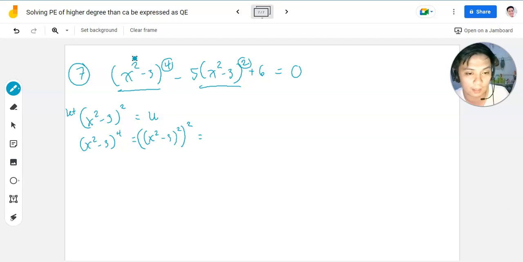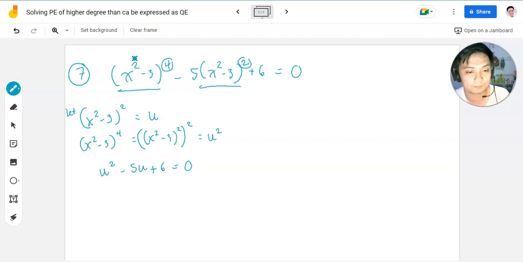Okay, kasi 2 times 2 is 4. So, itong nasa loob, yung x squared minus 3 quantity squared, yan yung u. Therefore, u raised to 2 will represent this. So, u squared. So, ibig sabihin, this equation here is expressible as u squared minus 5u plus 6 equals 0.